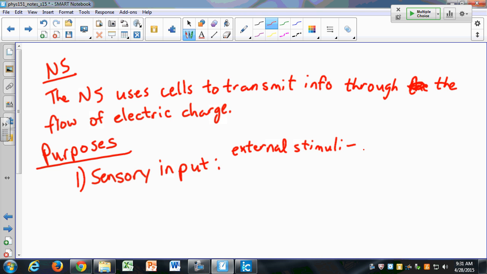This is just from the environment around you, somebody pinching you or whatever. And then internal stimuli from the organs or from other body systems.